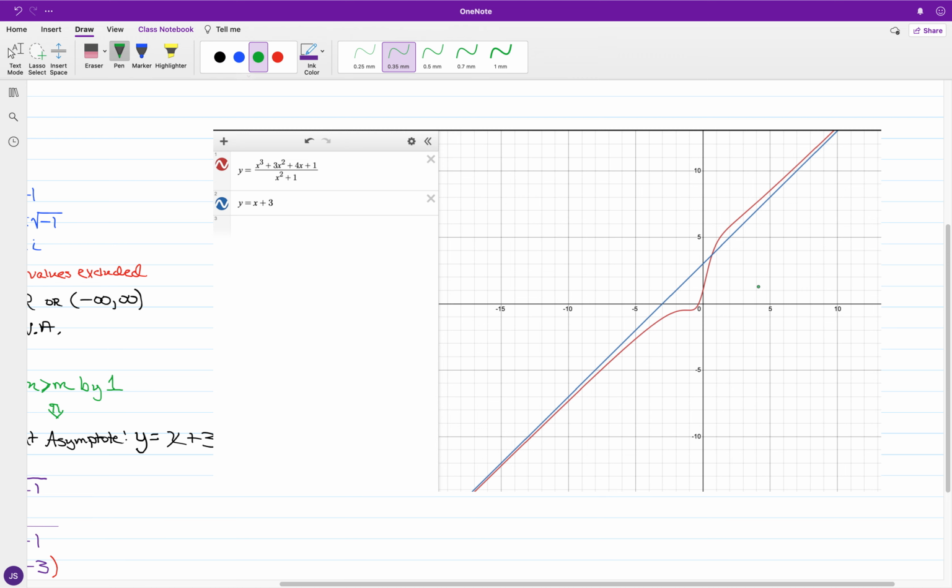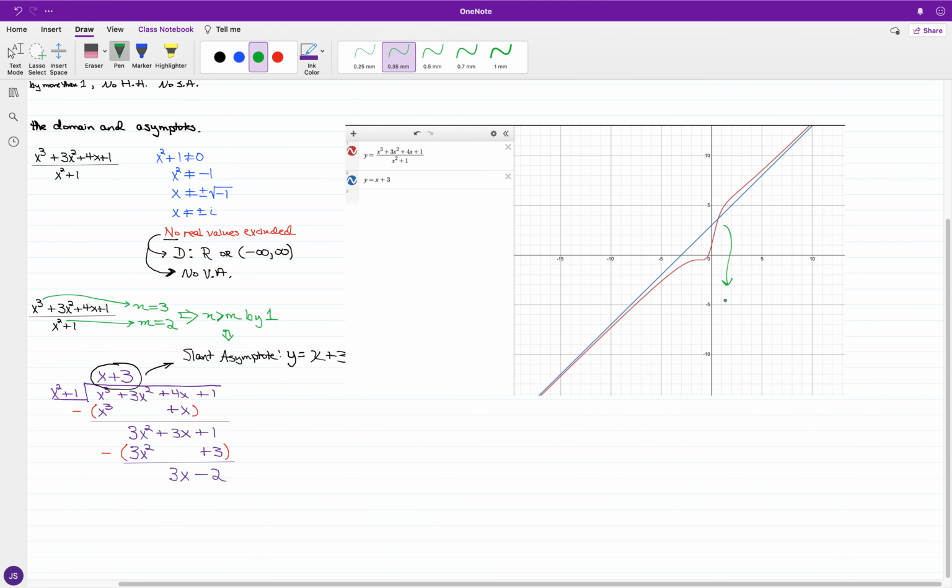I just wanted to bring this up: not always, but R of x can touch or intersect horizontal asymptotes and slant asymptotes.